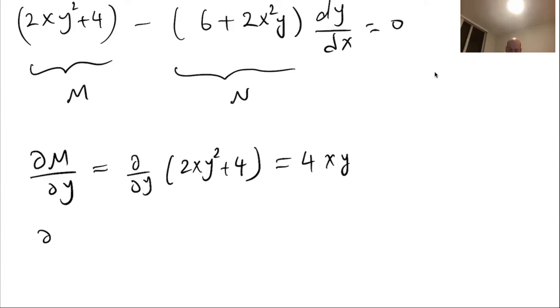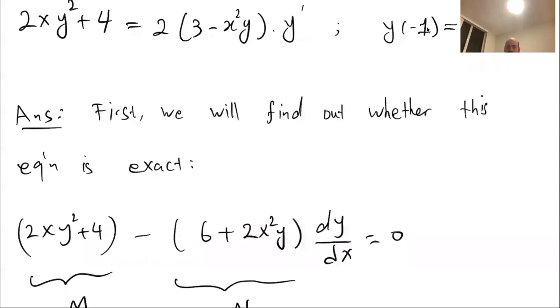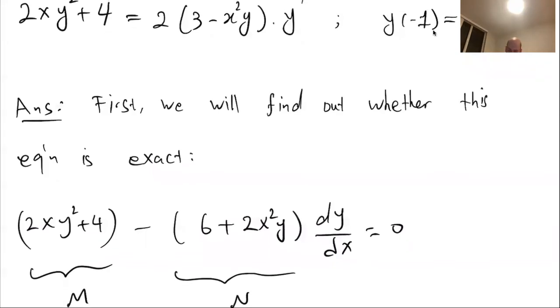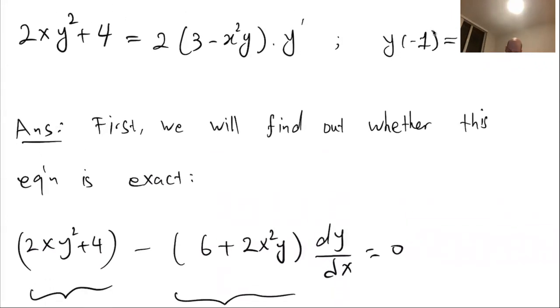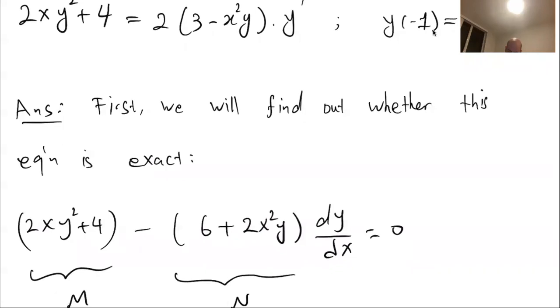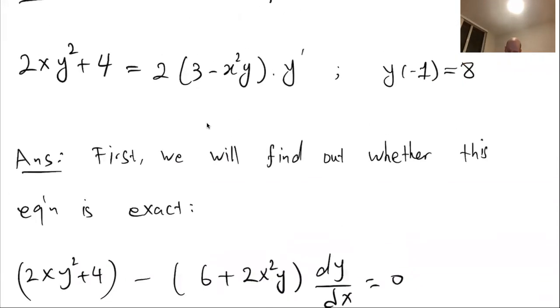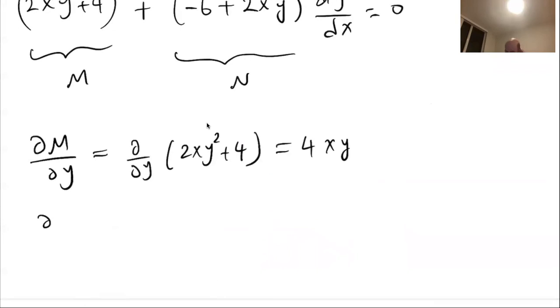So I think I made a mistake in the sign of this term because I've taken this term to the left-hand side. So 6 becomes minus, but then minus 2x squared y becomes plus 2x squared y.